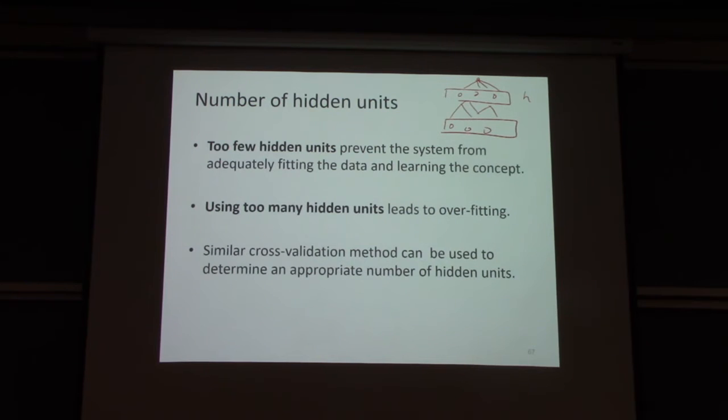Then you might as well not have the hidden layer. You should convince yourself that it's pointless to have just one neuron in the hidden layer. So too few is a bad idea, because it will underfit. Too many will overfit. So what's the sweet spot? Once again, cross-validation. You use cross-validation to figure out the number of hidden units in each layer.